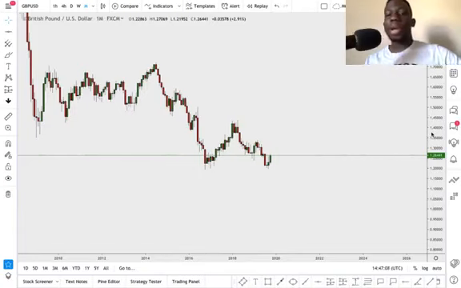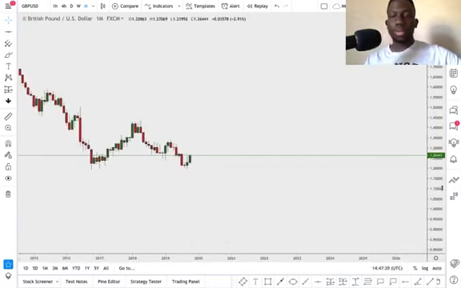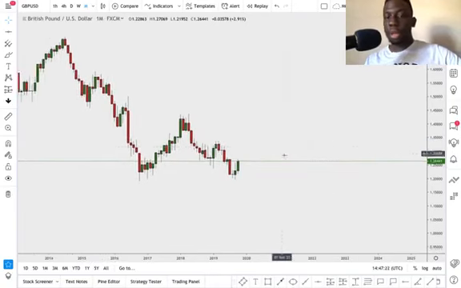Now you guys already know about candlestick patterns, but you use candlestick patterns in the wrong way. I only use candlestick patterns on a monthly time frame, okay? And from what I can see, let me just zoom in a little bit more now guys.